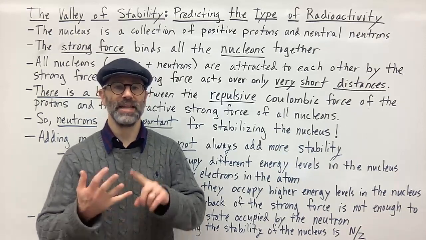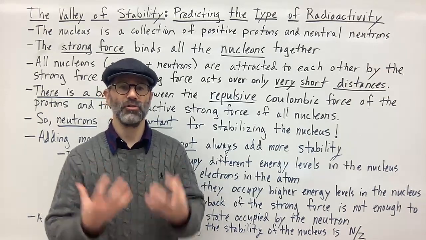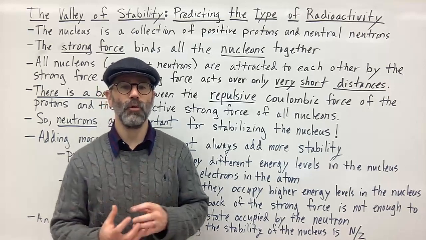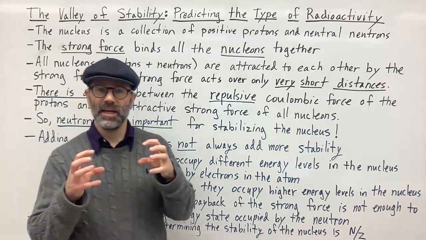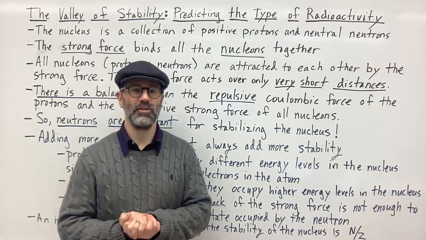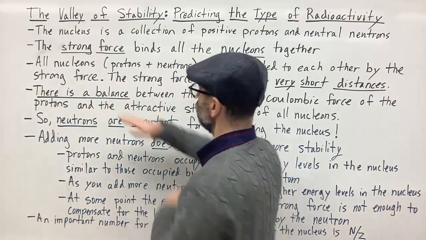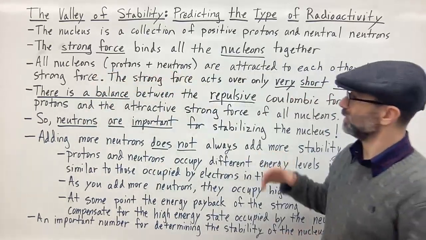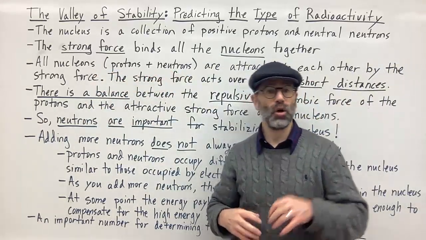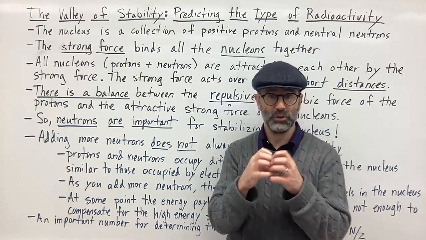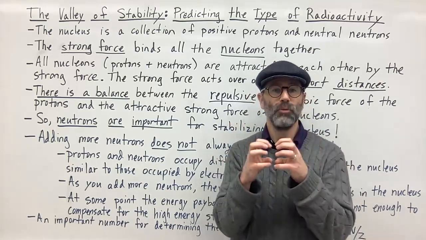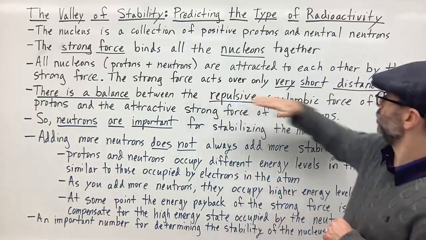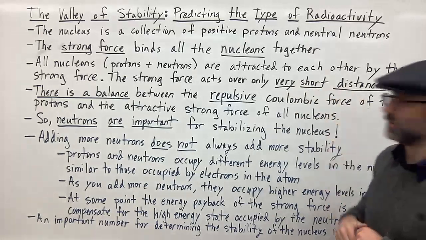Both protons and neutrons have this strong force, this attractive force that's holding them together, and it acts through very, very short distances. So all nucleons, protons and neutrons, are attracted to each other. Even protons are attracted to each other through the strong force when they are very, very close together.